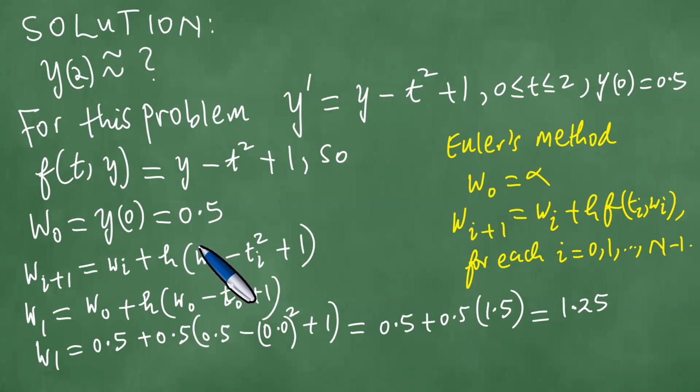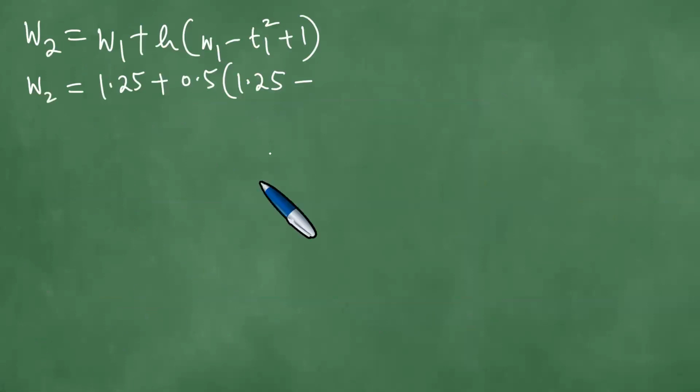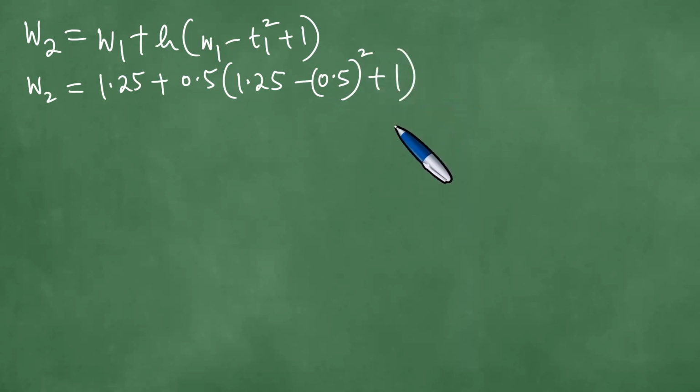Because we started at 0, and we're moving in steps of H, we start at T0, which is 0, and then we add H, 0.5, which means T1 is going to be 0.5. So T1 is 0.5, and then you square this one, and then we add 1, like so. Okay, this is what we are able to get.